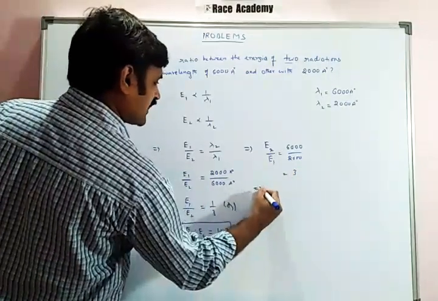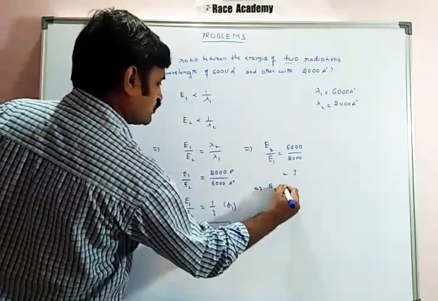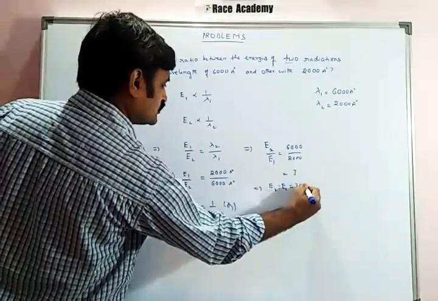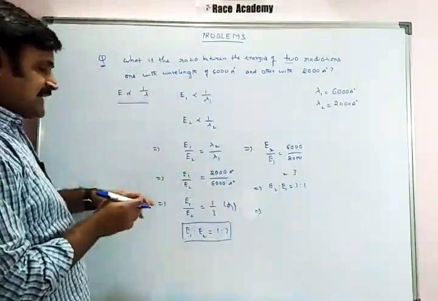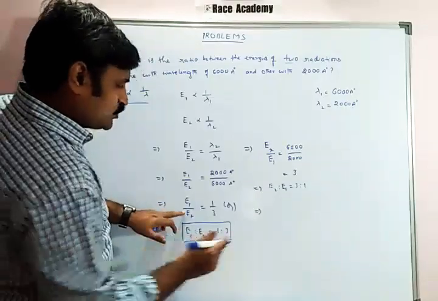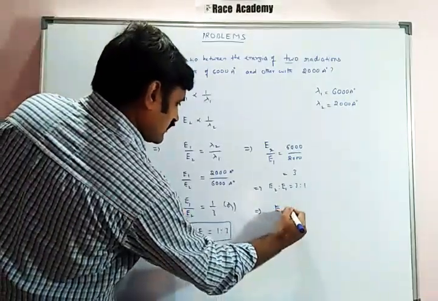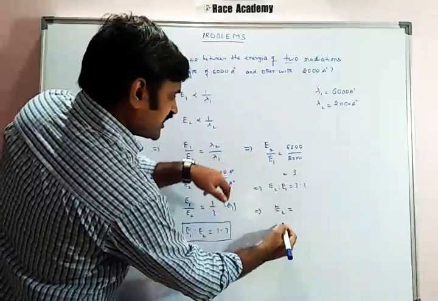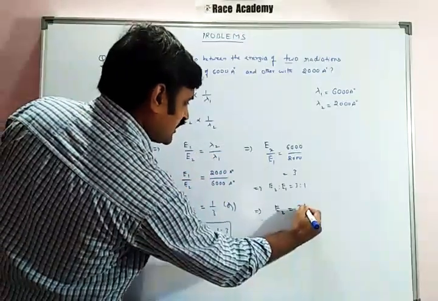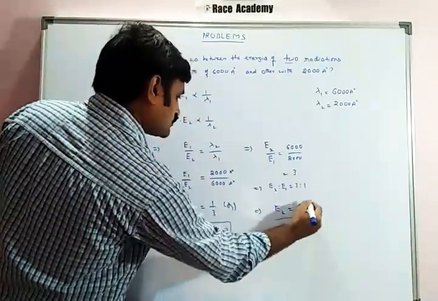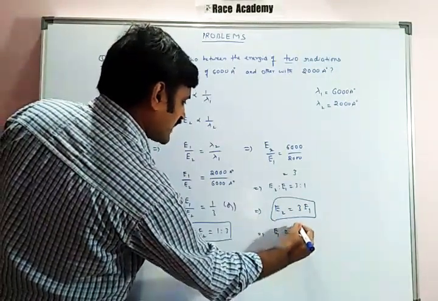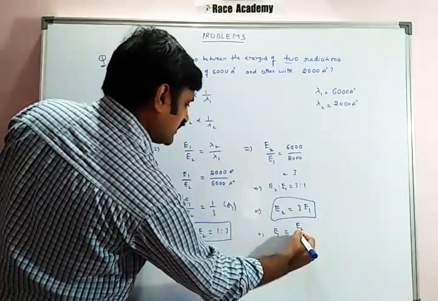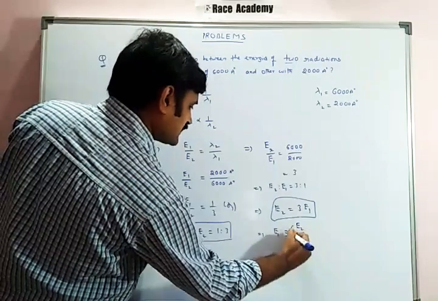That means the ratio will become E2 is to E1 is equal to 3 is to 1. Indirectly, we can write E2 is equal to 3 into E1. Or else you want to write E1, E1 will become equal to E2 by 3.